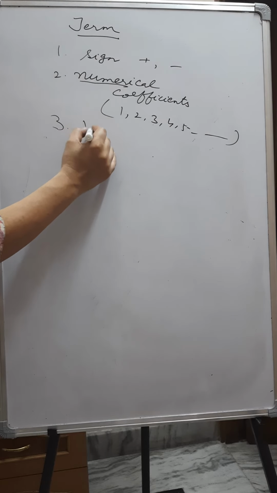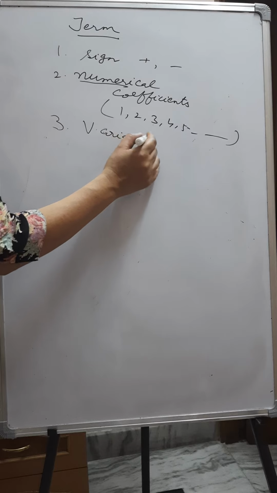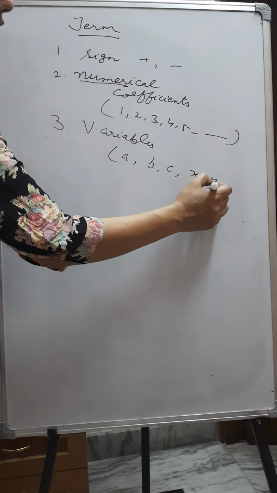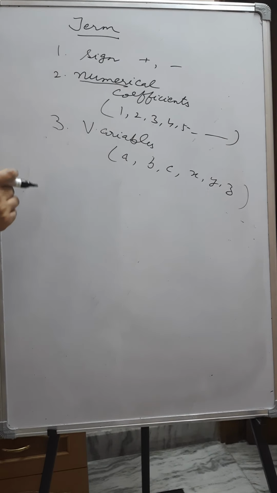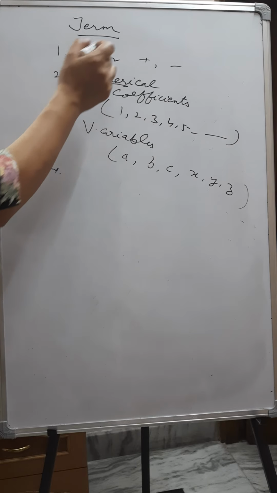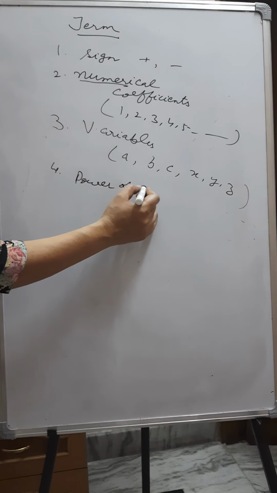Third thing is variables. Variables a, b, c, x, y, z, whose values vary. The basics of algebra are the variables. Fourth thing which is required to form a term is the power of a variable.